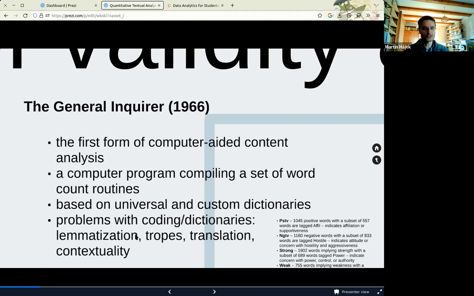It's in the translation and it's not in the original text, or vice versa, it's lost in translation. So these are problems with vocabularies and vocabulary-based analysis such as the General Inquirer.